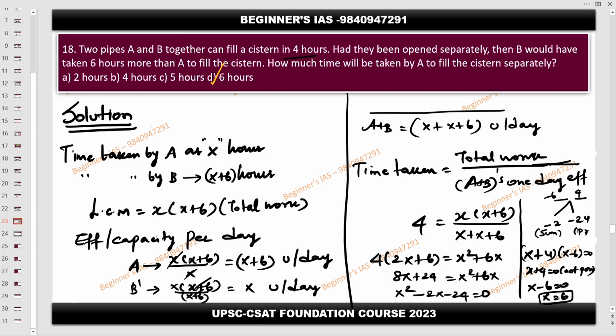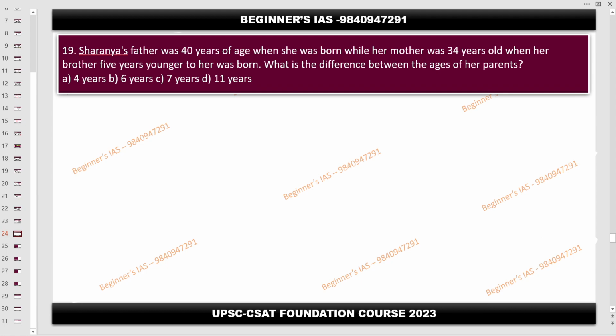Then let us move on with question number 19. Okay. So here Saranya's father was 40 years of age when she was born. This kind of question, learn. Group 1 people, please learn this kind of problems. It will help. UPSC sometimes, nowadays, they are giving you data interpretation problems, or else they will check with data sufficiency.